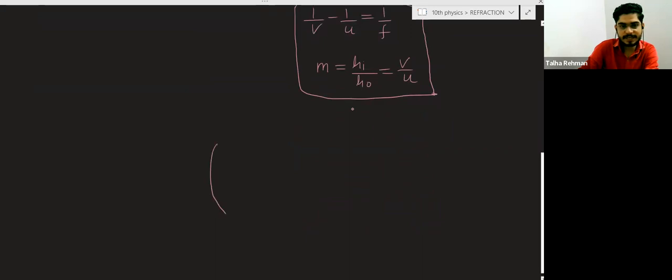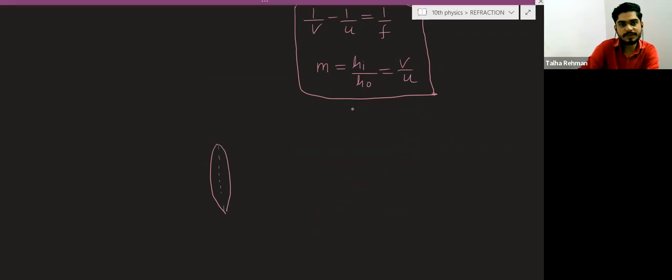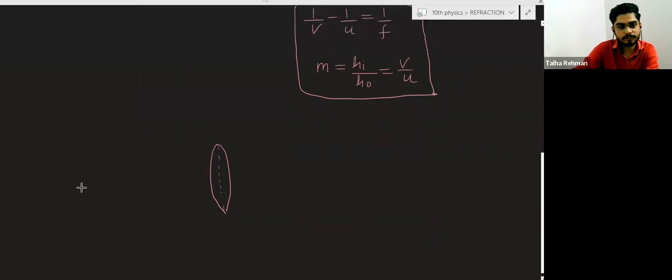So a convex lens is there, and here is one wall.